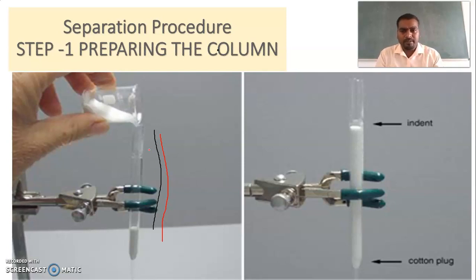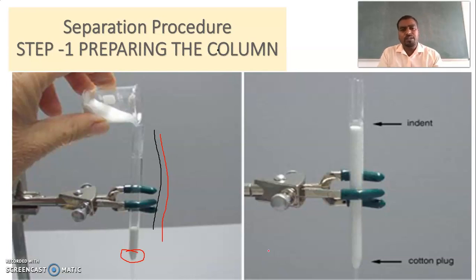First we are going to clean this chromatographic column, of length nearly 40 to 50 centimeter, and fix the cotton below this column. Here we are going to prepare a column by two methods, wet method and dry method.